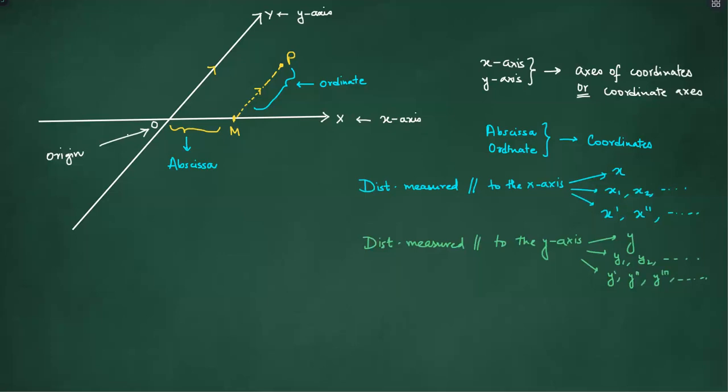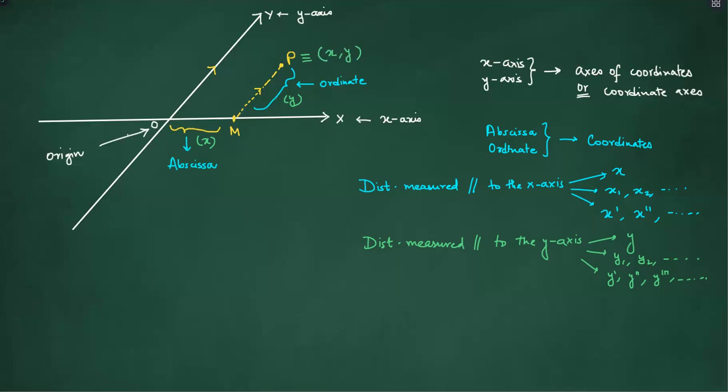Now if the distances OM and MP in this figure are x and y, let's say this distance is x and this distance is y, then the point P has the coordinates x comma y.